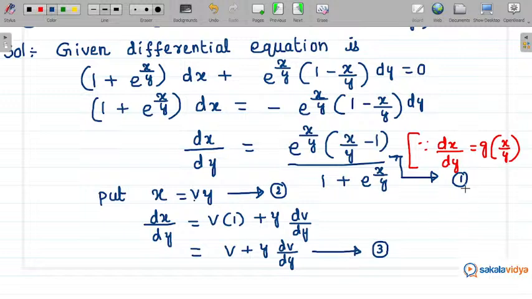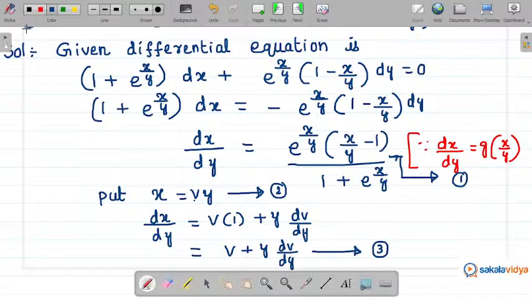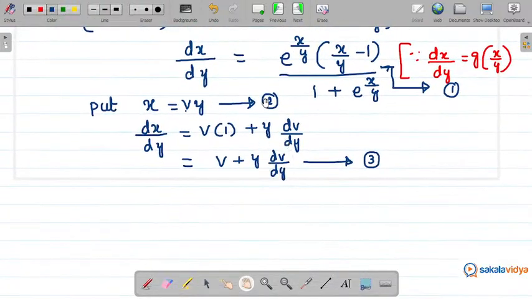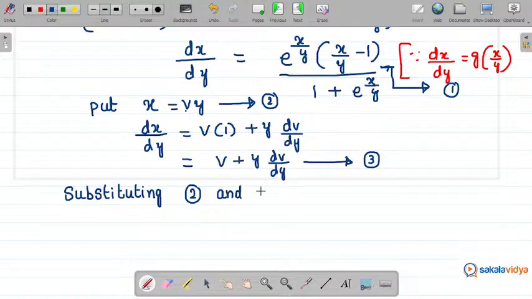This is also a very important problem. So my dear students, please concentrate on this problem. Let us try to solve this question now. Substitute the values of 2 and 3 in equation 1.